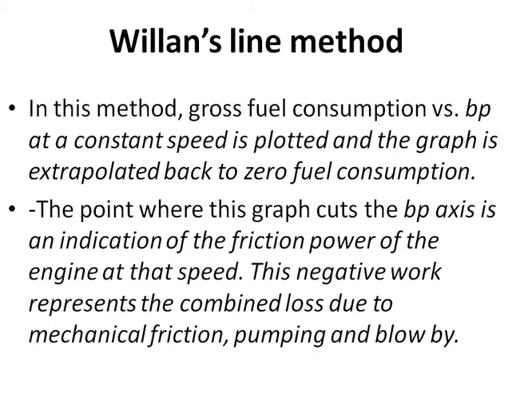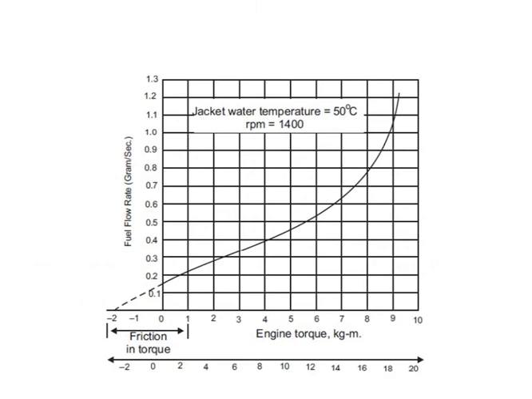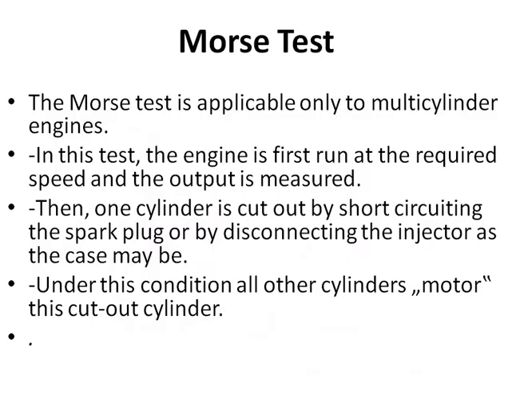The point where the graph cuts the BP axis is an indication of the frictional power of the engine at that speed. The negative one represents the loss due to mechanical friction, pumping, and blowback. This is the diagram which represents the negative value, which is the frictional power. Then, on the right hand side of the diagram, it gives the indicated power.